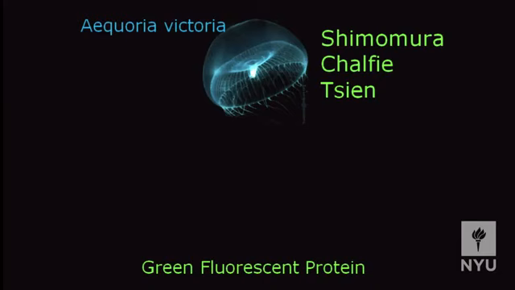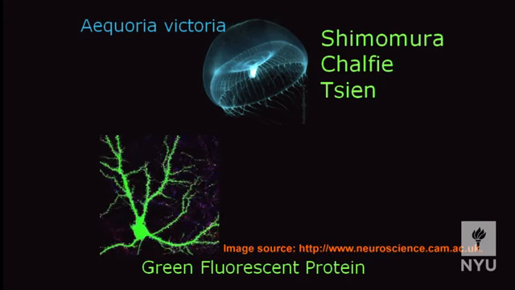Shimomura was the biochemist who first discovered green fluorescent protein, and Chalfie was the one that first put green fluorescent protein into the DNA of worms. And what he got were these worm neurons that were fluorescing green. Yes? What year was this? This was in the 80s, late 80s.